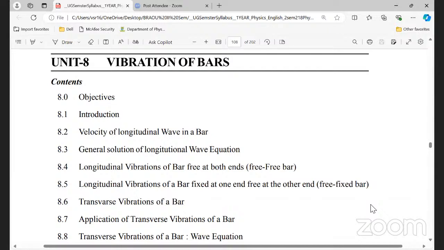Up to this point, we have been discussing the transverse wave. What is a longitudinal wave? The vibration of the particles which are parallel to the propagation of the wave, underline this, is called longitudinal.